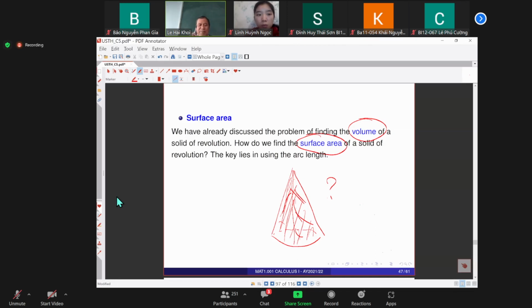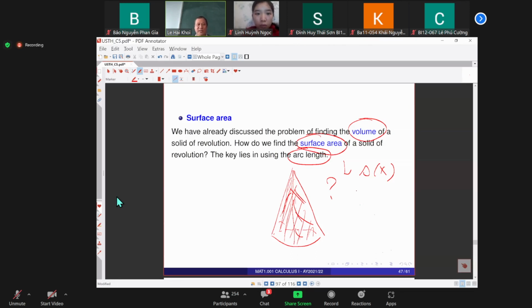The key point in this computation is using arc length. Using arc length, using L of x or S of x as the arc length function. That's why we study surface area after studying the arc length.